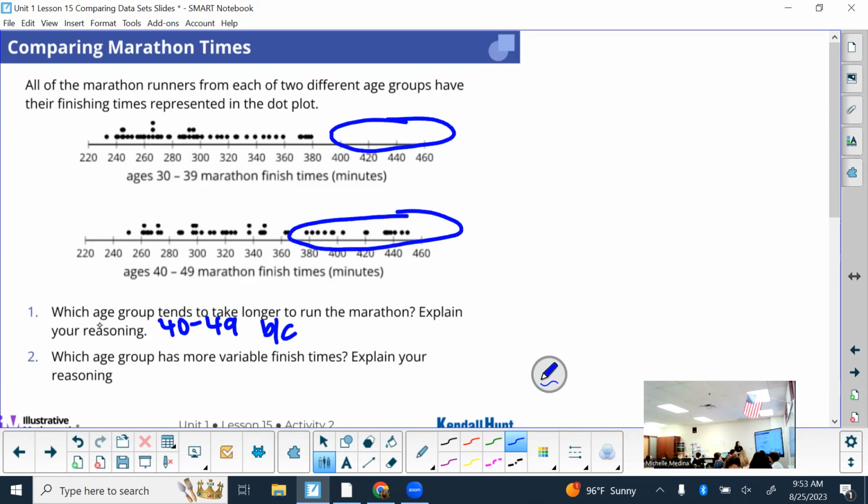Okay, good, so they do take longer. If they're taking upwards of like 400 minutes, then yes, this age group takes longer. So I could put, because the data is more to the right, or something to that effect.